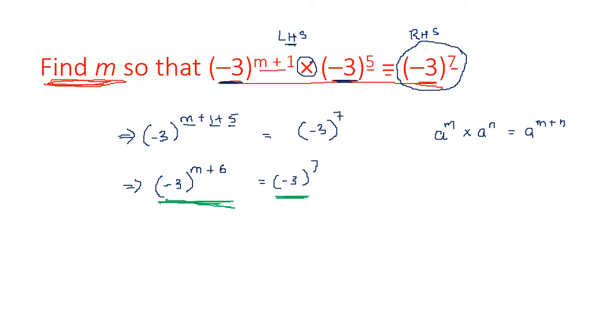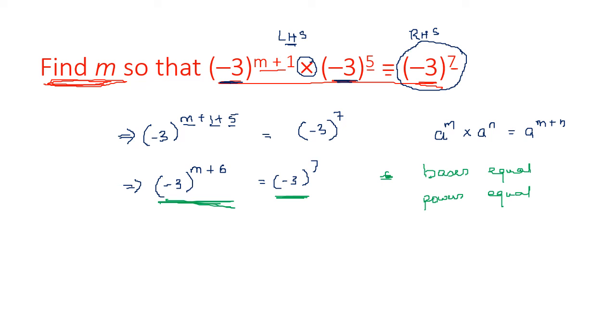Now when can two numbers have the same value? When we solve them and the values are equal. But when will their values be equal? Two numbers will have equal values when the bases are equal and their powers are also equal.